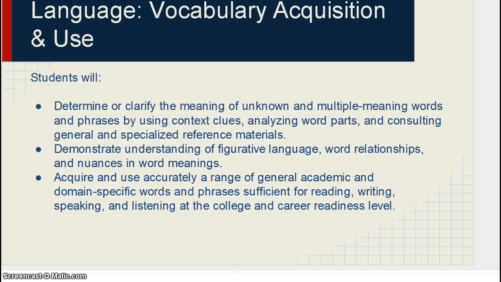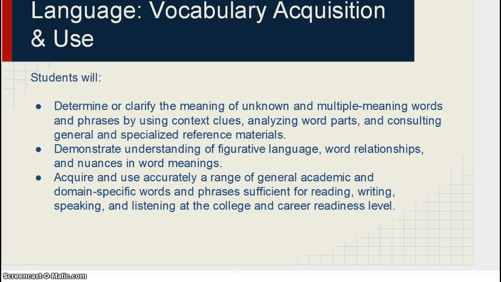This next standard in language, vocabulary acquisition and use, we would like you to reflect on the corresponding form. Students will determine or clarify the meaning of unknown and multiple meaning words and phrases by using context clues, analyzing word parts, and consulting general and specialized reference materials.